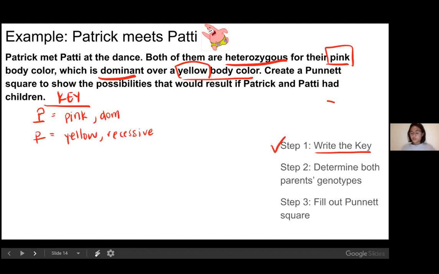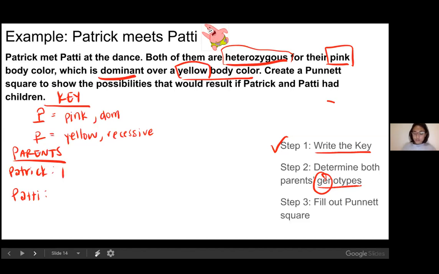Step 2, determine both parents' genotypes, so the code. So now the parents. Let's write Patrick's code, and let's write Patty's code as well. It says here that Patrick is heterozygous pink. Heterozygous means that they have to be different, capital and lowercase.